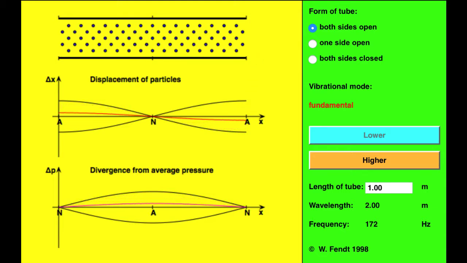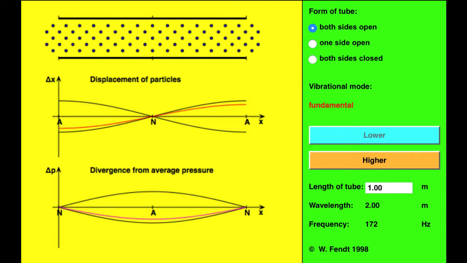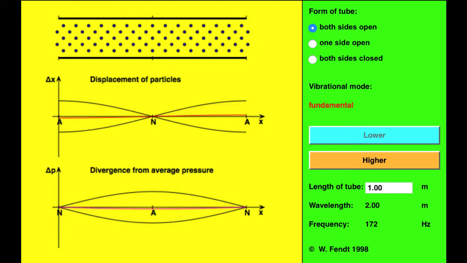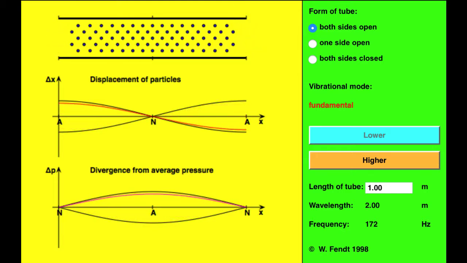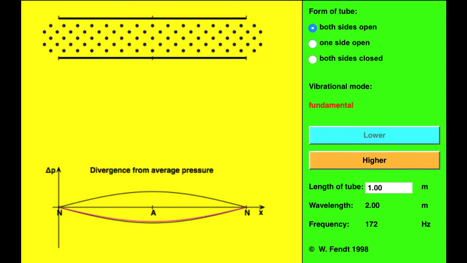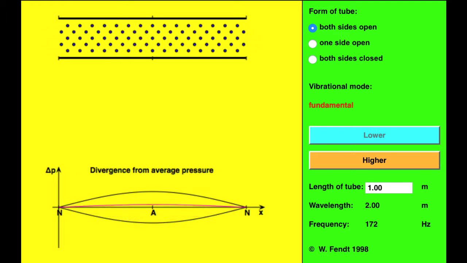This is all very nice. It visually makes us understand how things work. The only problem here is in the field of acoustics, we don't really care about the change in position. We care more about the change in pressure, because it's changes in pressure that correspond to what we hear.